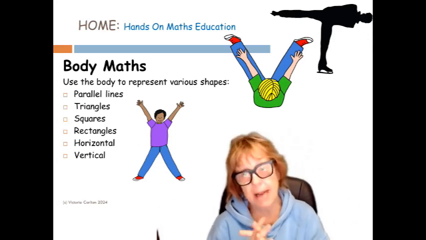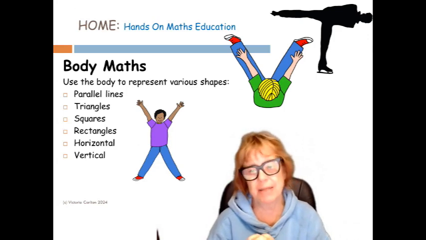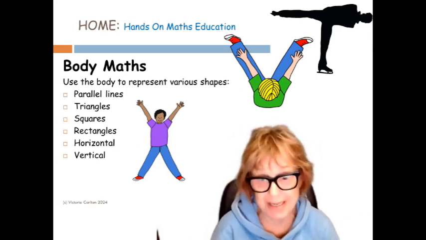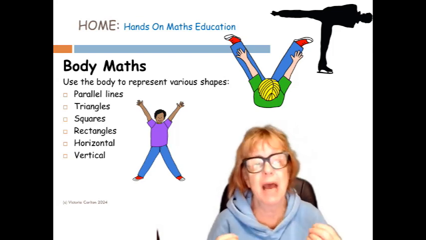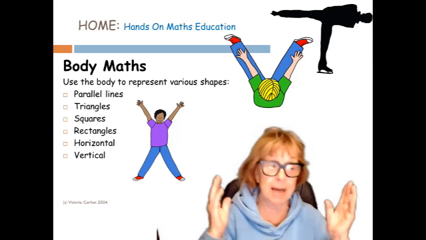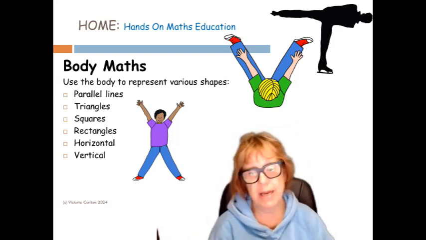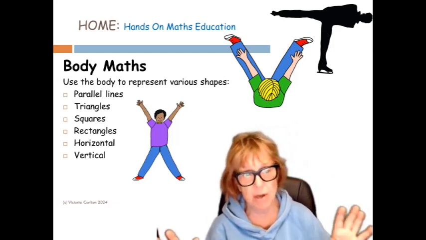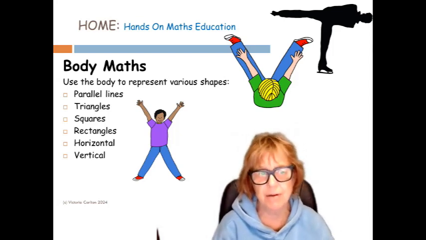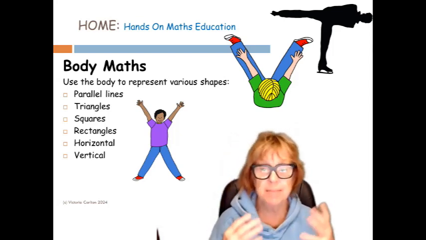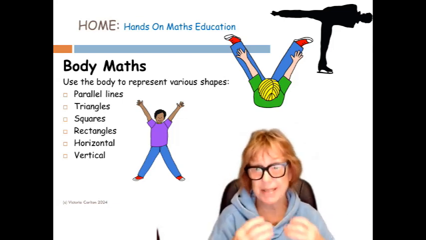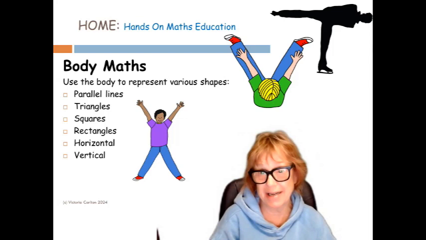We also make the number shapes using our bodies, because once you've used your body to make something, you're very unlikely to forget it. We can stand up straight, we can lay down, we can be horizontal, so we can use our bodies to make rectangles, triangles, and parallel lines as well. And it really helps to cement that understanding.